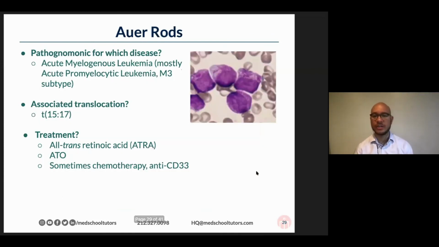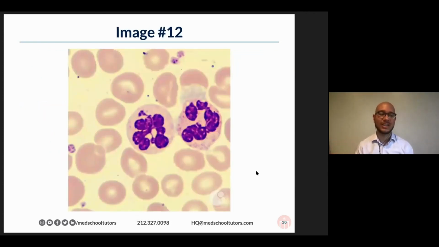So just to recap, acute promyelocytic leukemia, you've got a ton of Auer rods. The translocation is 15;17. The treatment is all-trans retinoic acid. Everything below all-trans retinoic acid, that's me nerding out, not something you need to know. Arsenic and sometimes chemotherapy if it's very high-risk disease, or targeting CD33. But you all are crushing it.